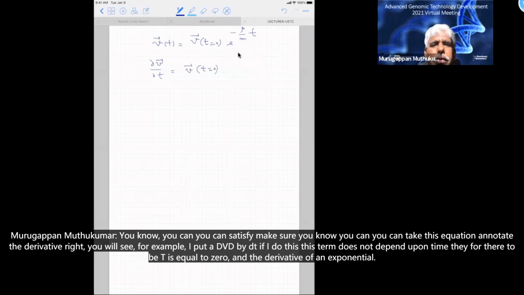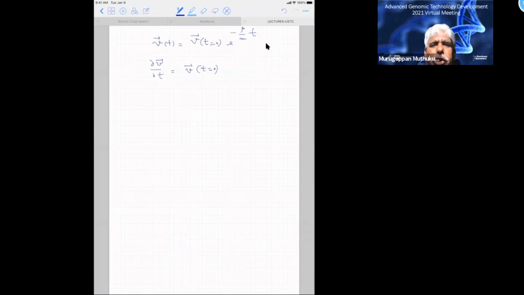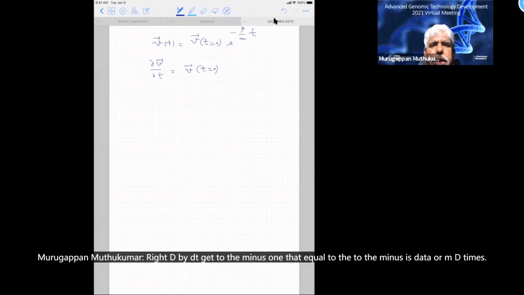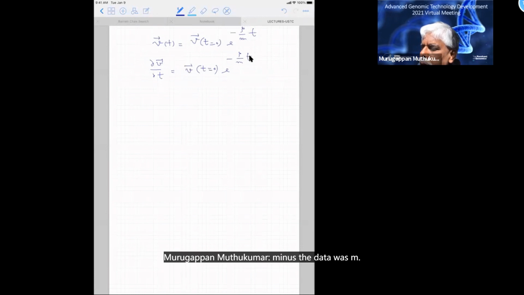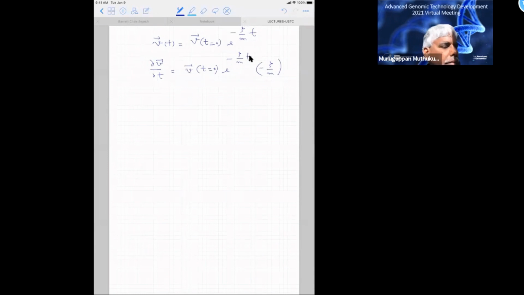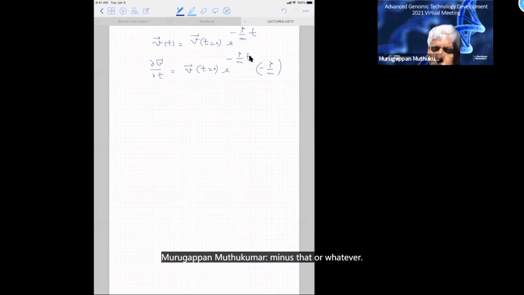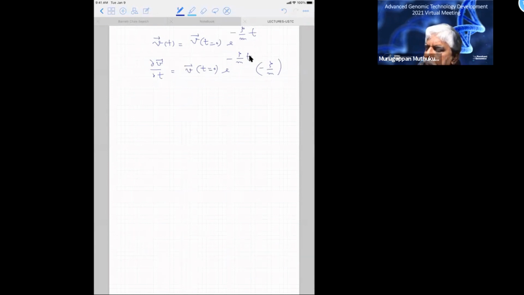And the derivative of an exponential, d by dt of e to the minus zeta over m t, is equal to e to the minus zeta over m t times minus zeta over m. Just taking the derivative.